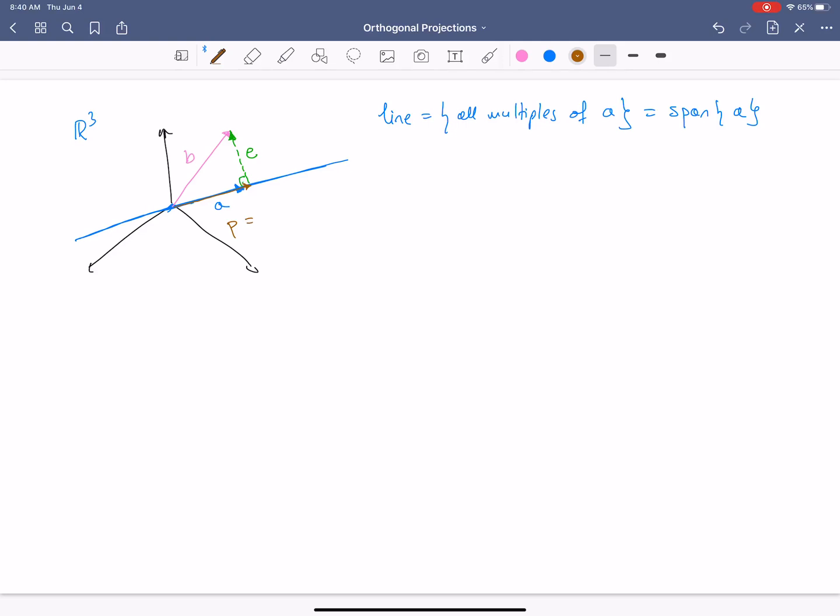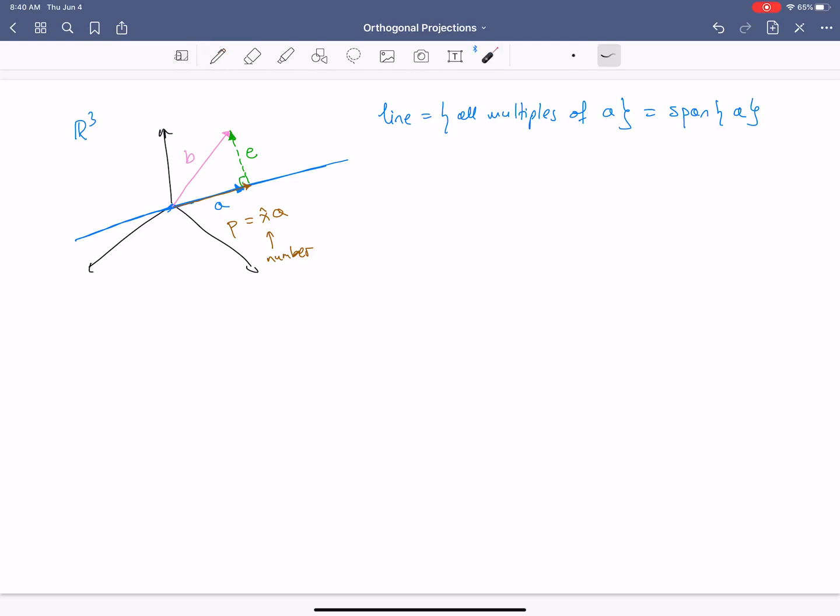So I'm going to write that as x hat A, where in this simple example x hat is just a number, right? Because we just want a multiple of the vector A. So A is a vector, x hat is a number. Now, what about E? How do we find E?